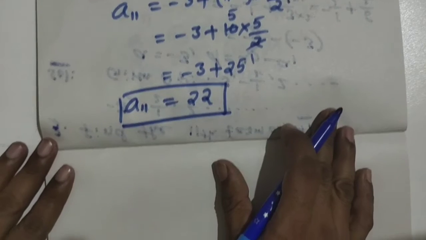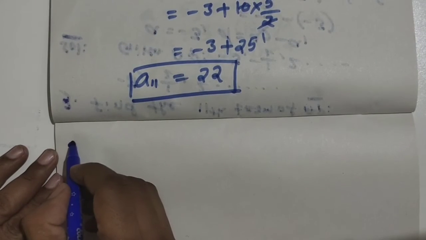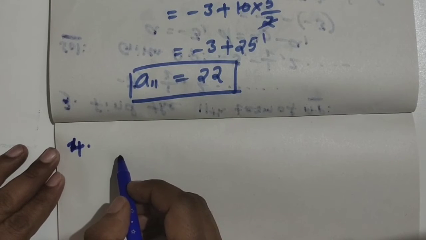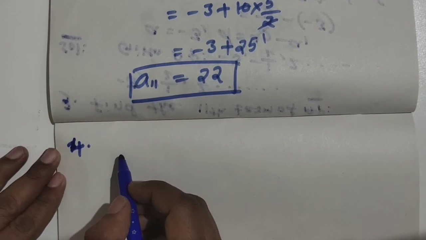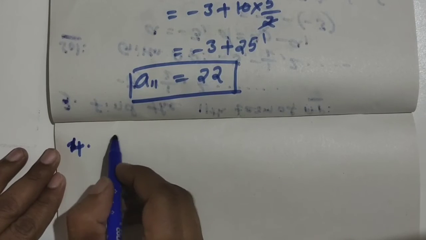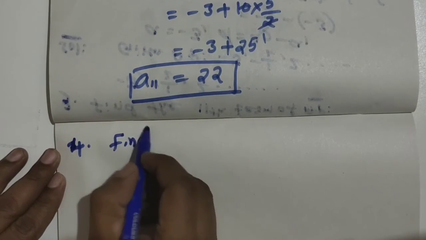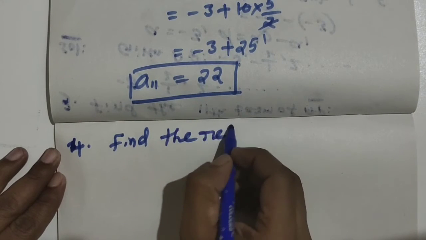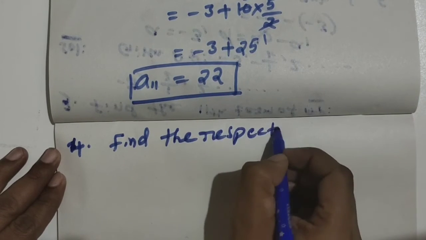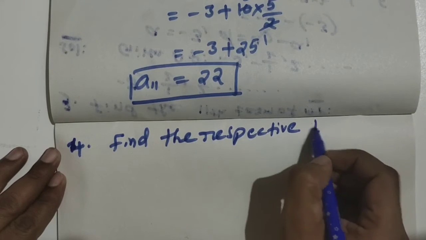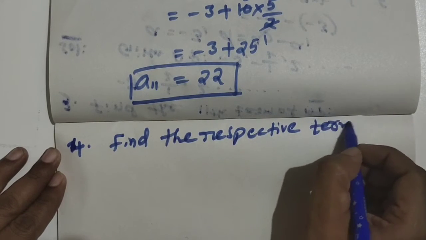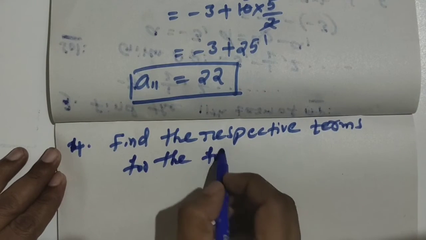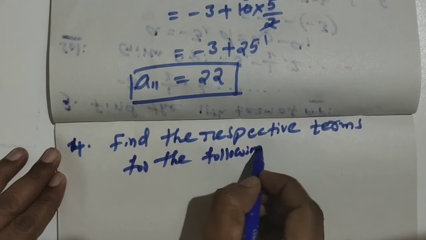So the 11th term of that AP is 22. Okay, next: find the respective terms for the following APs.